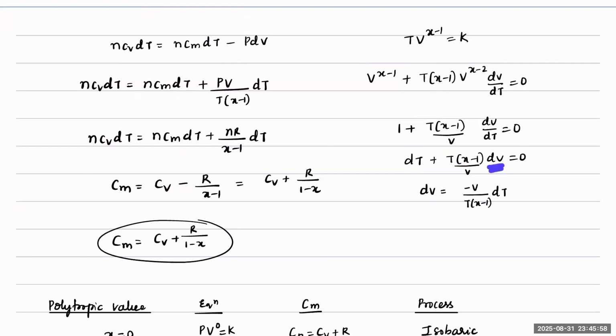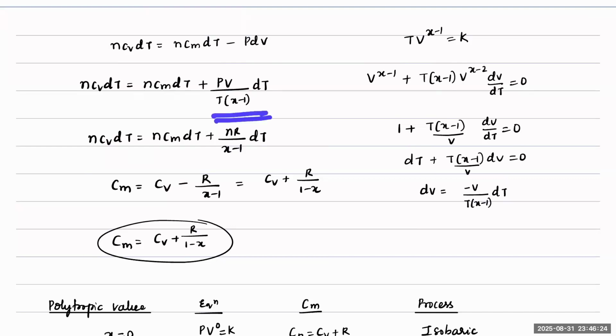So now dV can be replaced in terms of dT. Okay. So dV part can be replaced in terms of dT as minus V by T into x minus 1. Okay. And that's what I'm trying to do here, because I want everything to be in terms of dT. So this dV I have replaced with minus V by T into x minus 1.